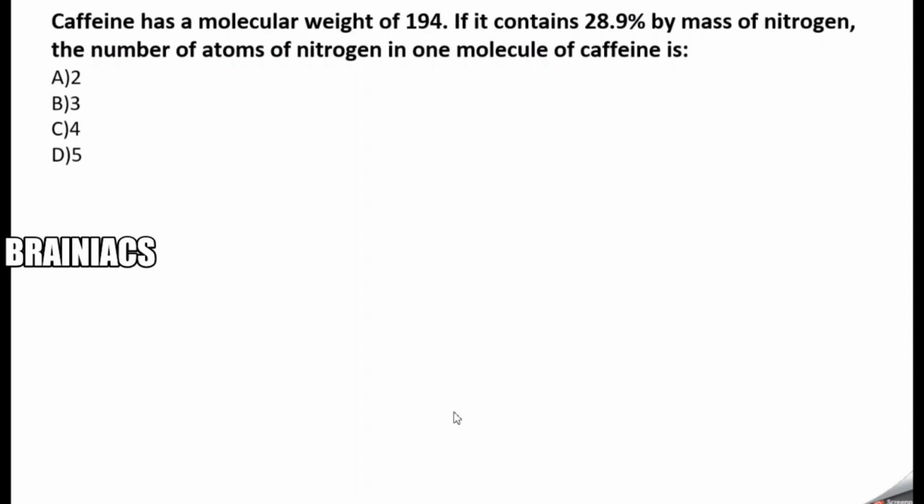They are telling caffeine has a molecular weight. So the molecular weight of caffeine is equal to 194. What does that mean? If you take one molecule of caffeine, it has a weight of 194. Next, they are telling that it contains 28.9% by mass of nitrogen.